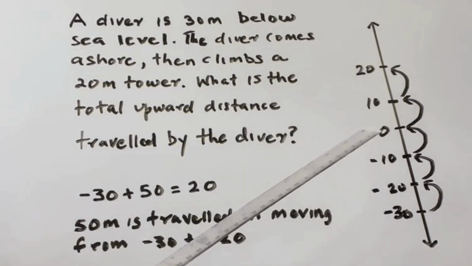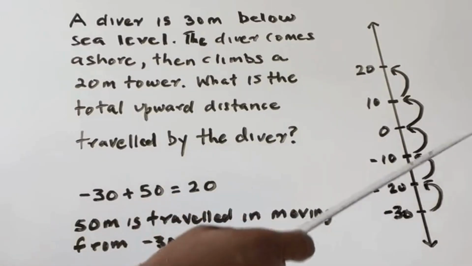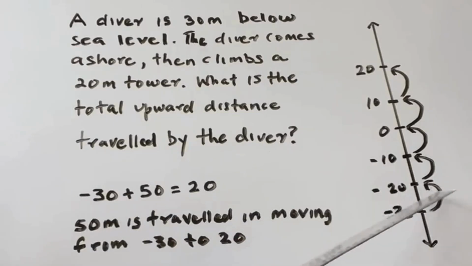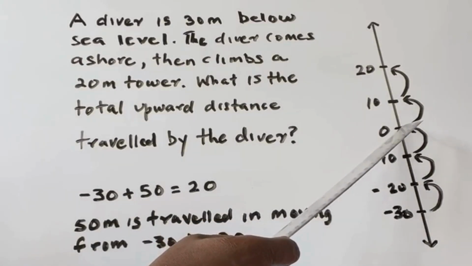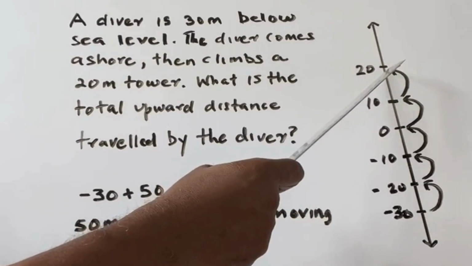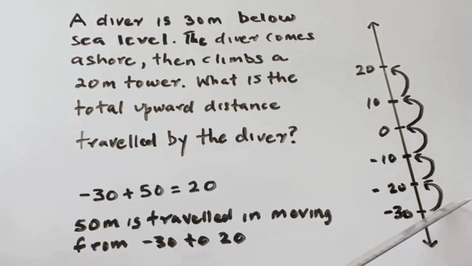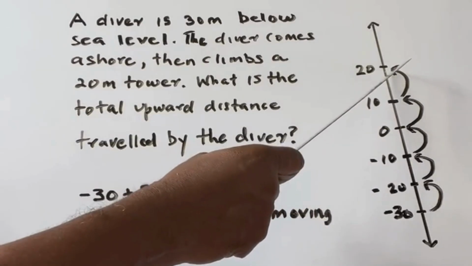So let's start at 30 meters below sea level, and let's move up to sea level. Notice it takes 10, 20, 30 meters to get up to sea level, and then another 20 meters to get all the way up to the tower. So the total distance moved will be 10, 20, 30, 40, 50.